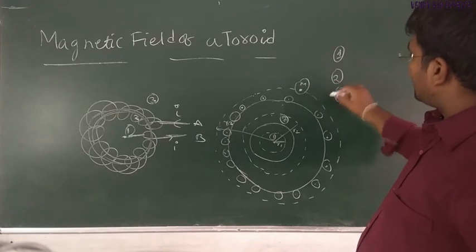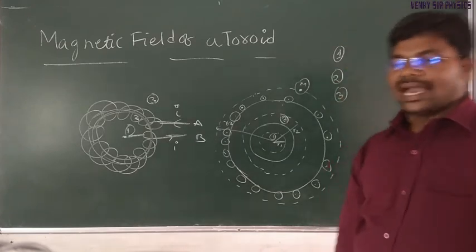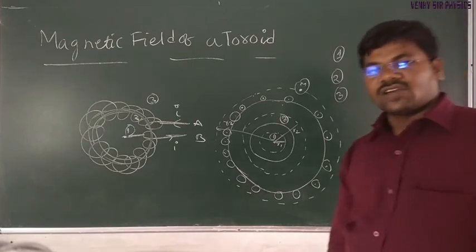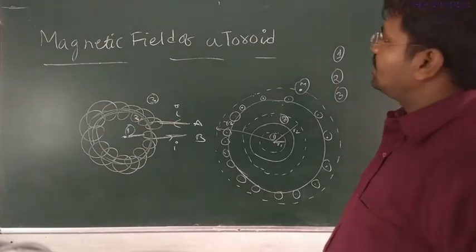At the 3 points we have to find the magnetic field, so by using Ampere's circuital law we find the magnetic field of a toroid.